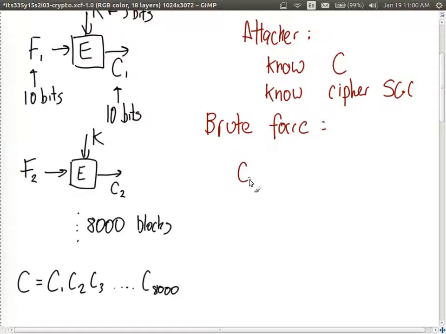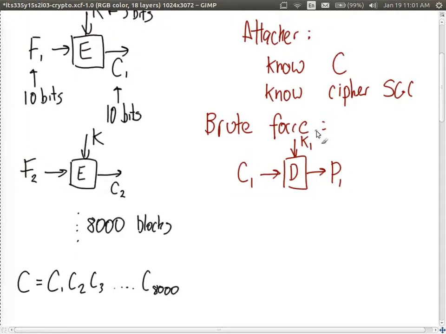They take the known ciphertext block and they decrypt using their algorithm. The cipher has the encrypt mode and the decrypt mode. Sometimes they are almost the same. And they decrypt with a key, I'll denote key 1, and they get some plaintext value, P1.